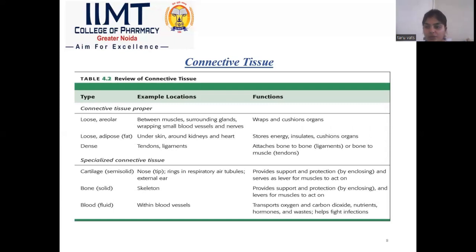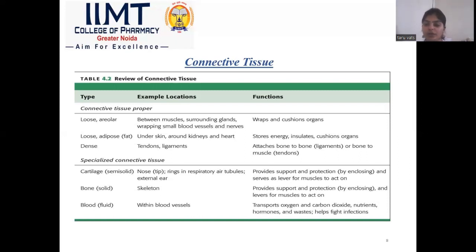Types of connective tissue. Basically, there are 6 types of connective tissue: areolar, fibrous, elastic, adipose, cartilage and bone. Except these 6, blood is also considered as connective tissue.